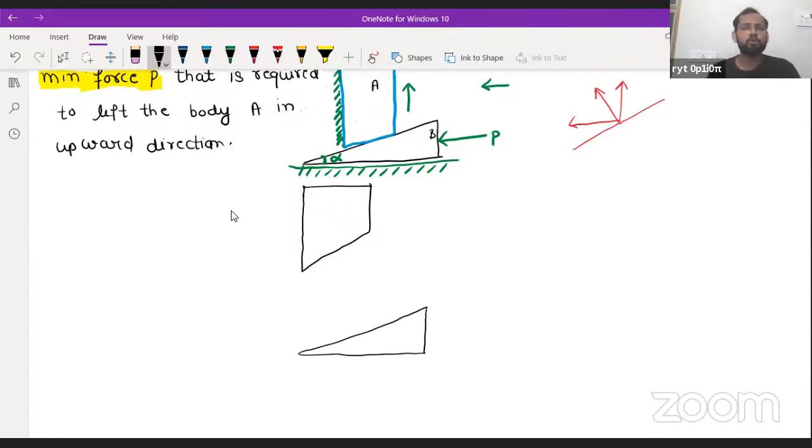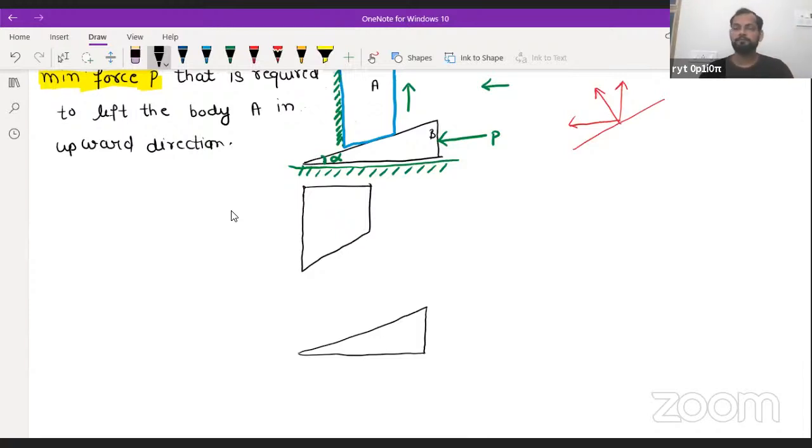So right now I am going to draw the free body diagram. What is the free body diagram? Our body is detached from all the contact surfaces. This means this is a separate body, so I am detaching it from the contact surfaces. Can anybody tell me how many contact surfaces are there in this complete system? How many contact surfaces are there in the given question?